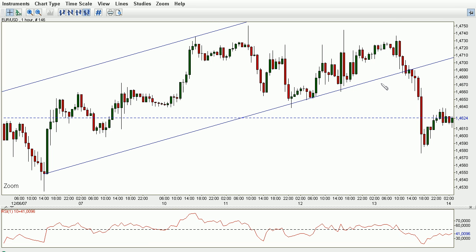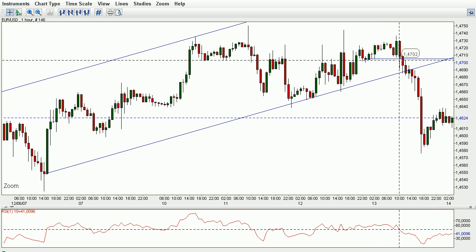So if you were reasonable enough, if you saw this red candle appearing after the green candle, or the sellers taking control of the action to the downside, then you should have waited until a break of this support level of 1.4704.